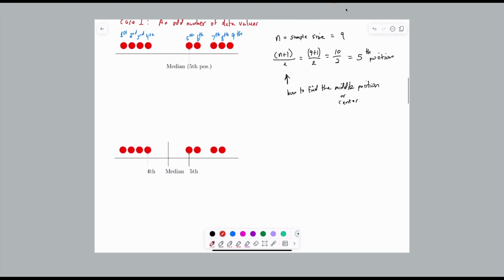Case 2 here, there are 8 pieces of data. In other words, we have an even number of data values.